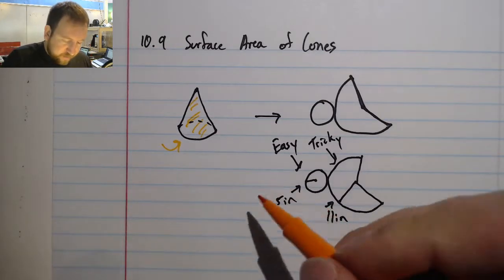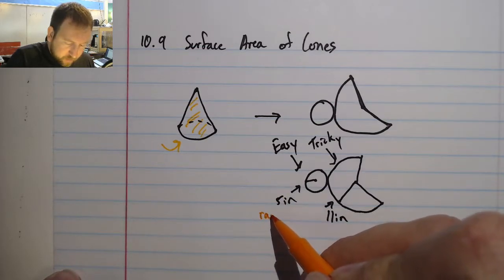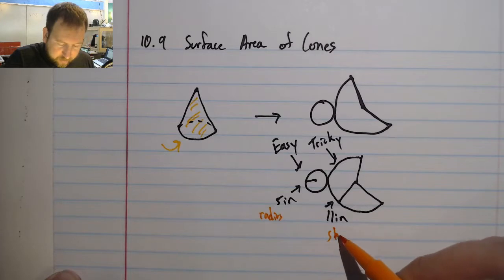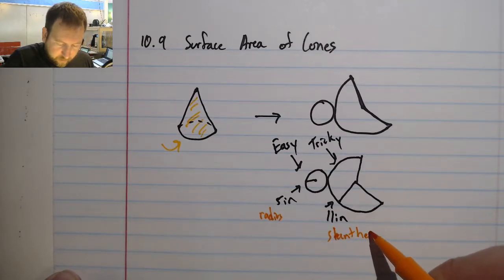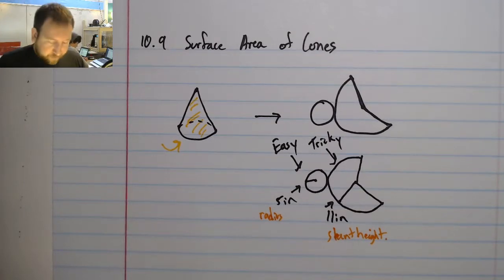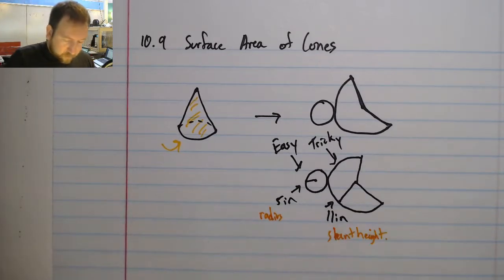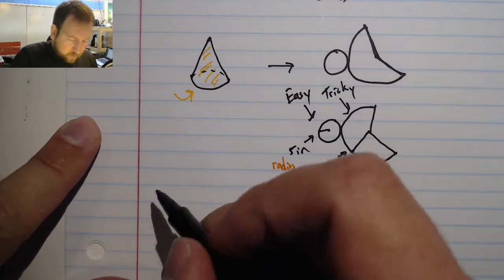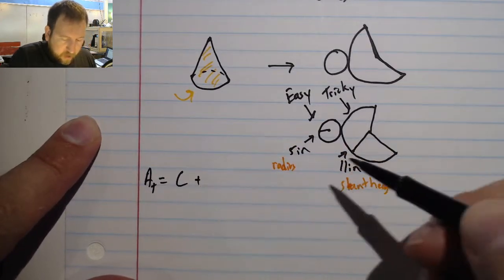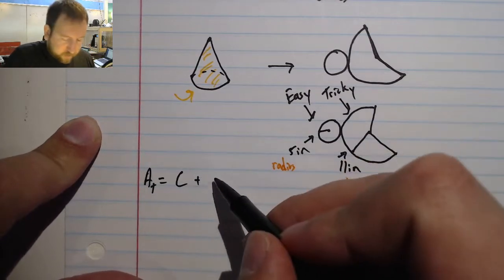So again, this is our radius. And this is our slant height, that measurement that we've seen a couple of times. Our total area is going to be the area of the circle plus the area of the partial circle.